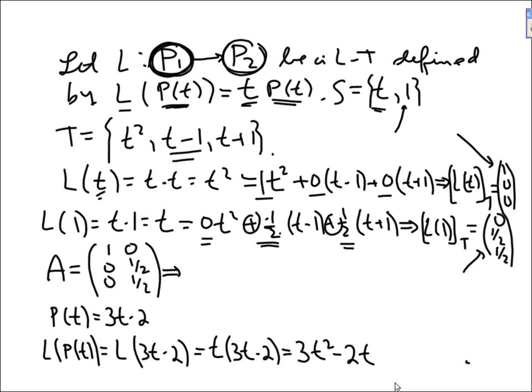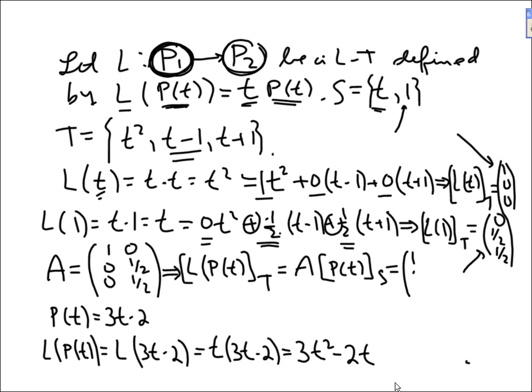Now, we know that the coordinates of L of P of t with respect to the basis T is matrix A times the coordinates of P of t with respect to S. Now, we know what A is. It's 1, 0, 0, 0, 1 half, 1 half.